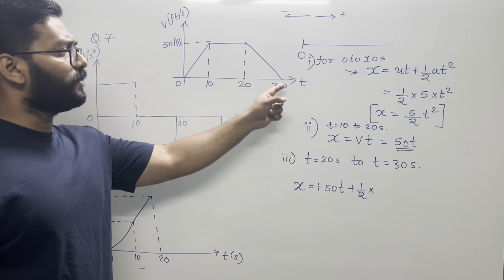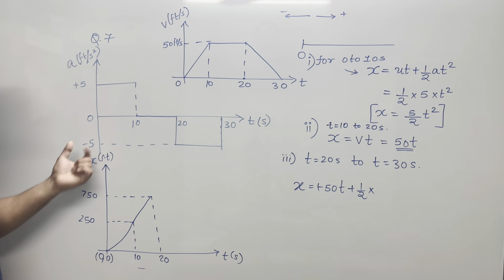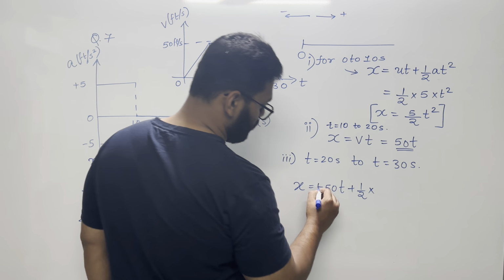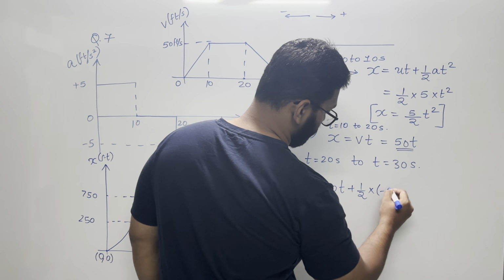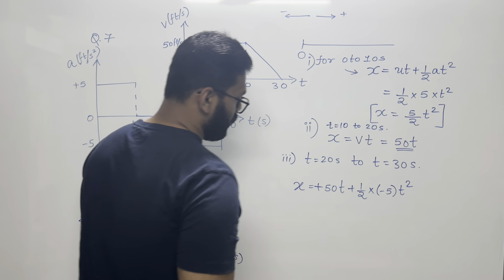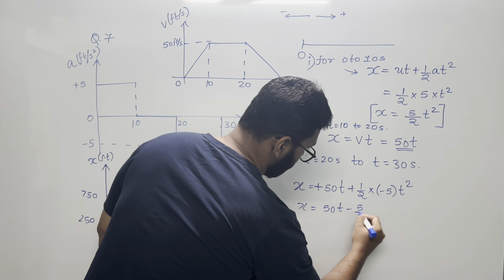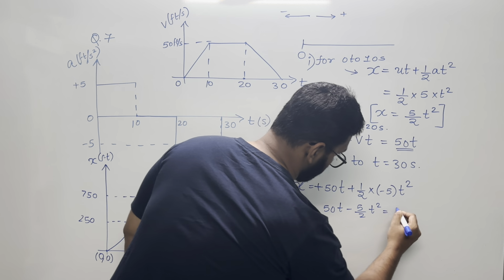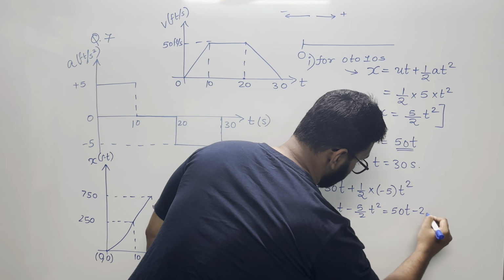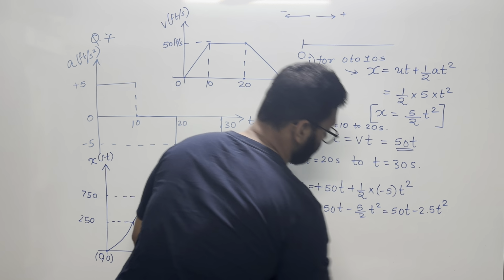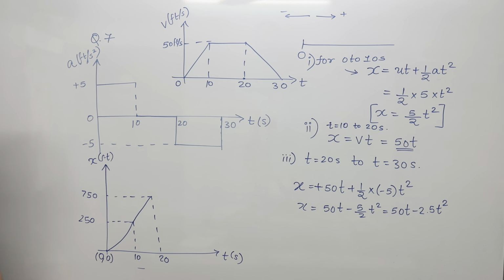What is acceleration in 20 to 30 seconds? It is -5. So this is -5 into t square. Now x is equal to 50t minus 5 by 2 into t square. So this is 50t minus 2.5 t square. This is what you will get.